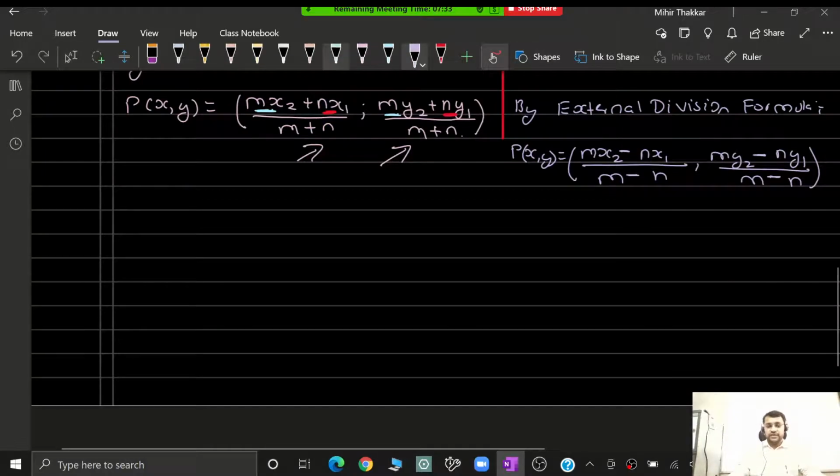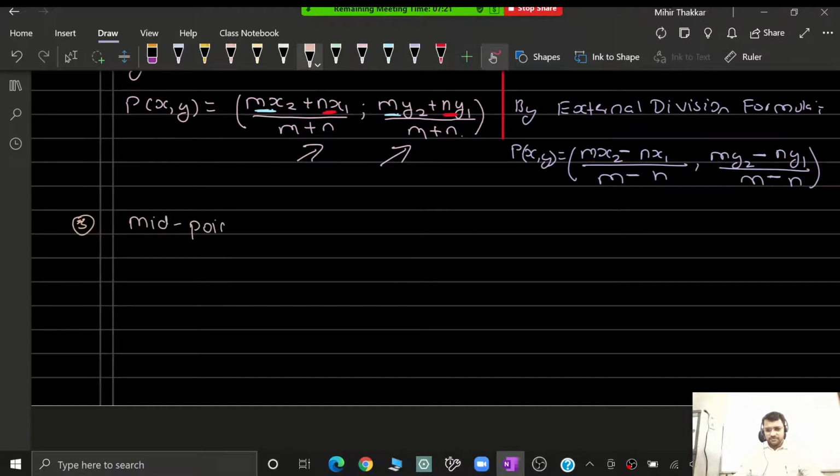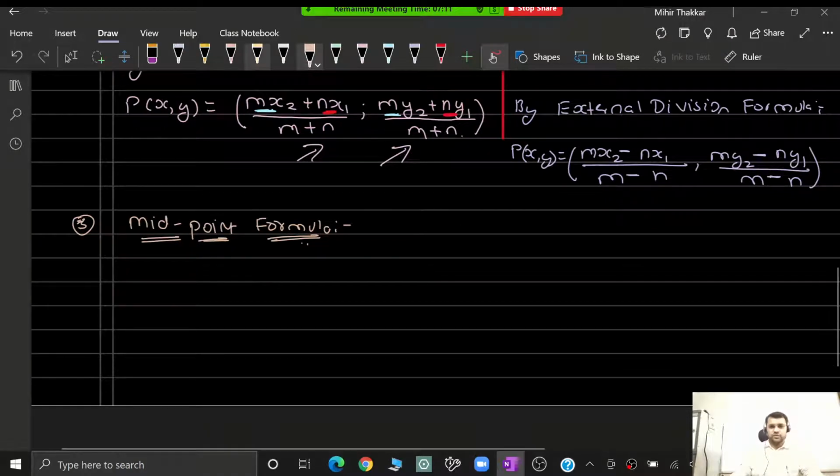The next formula that you have over here is number 3, which is called the midpoint formula. It is quite similar to what we did in the above section, that is the internal division formula.